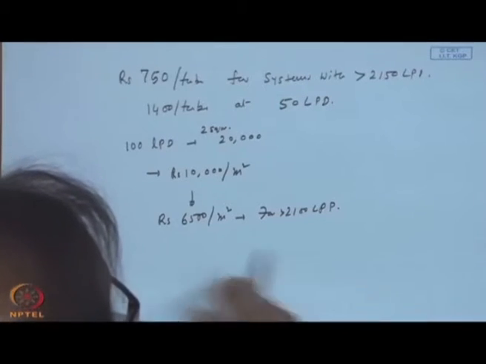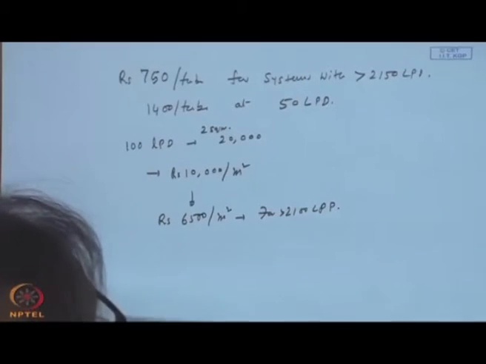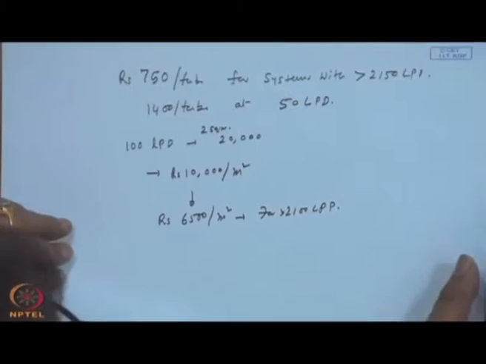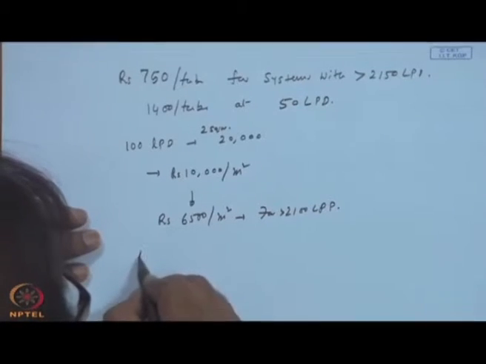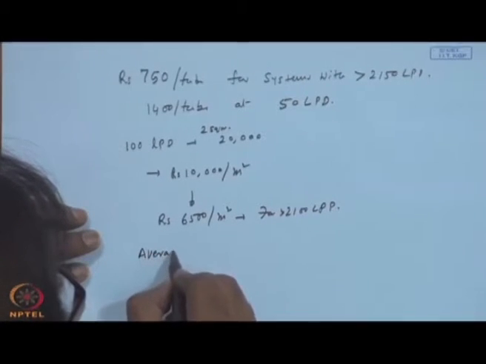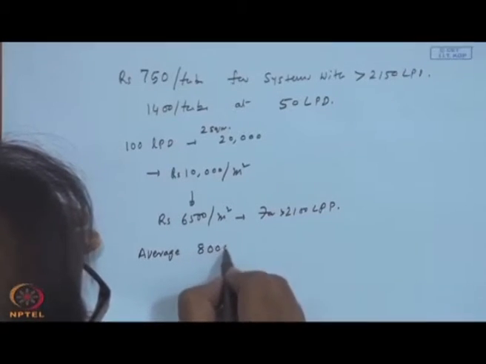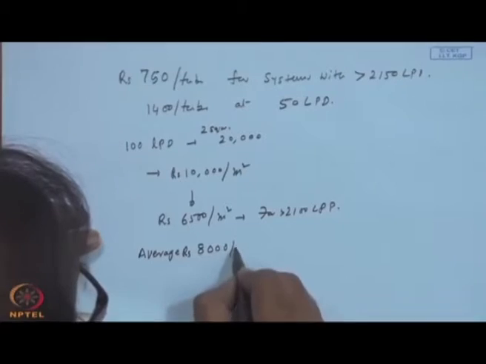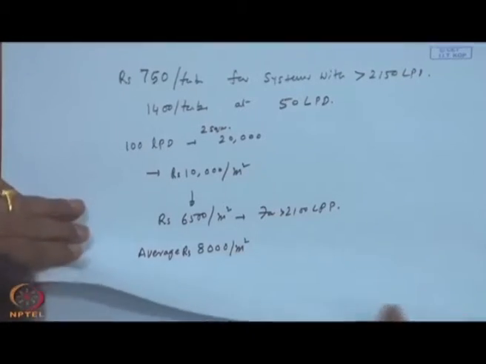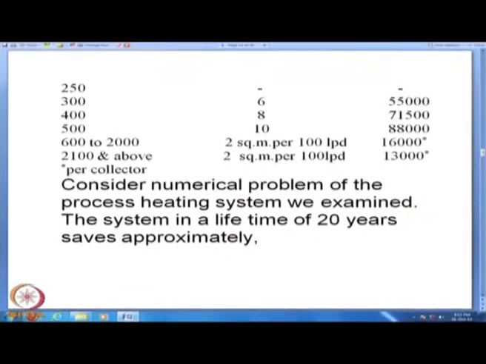So, as a ballpark average value you may consider 8,000 per square meter. This is supposed to include installation, storage tank and pump. So, this is quite valuable information, and you will have some understanding of the figures.